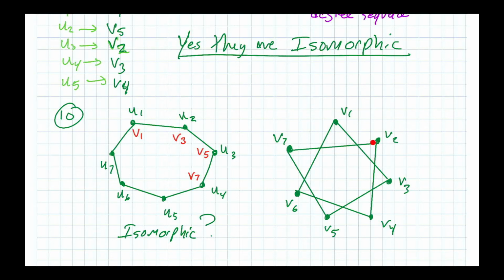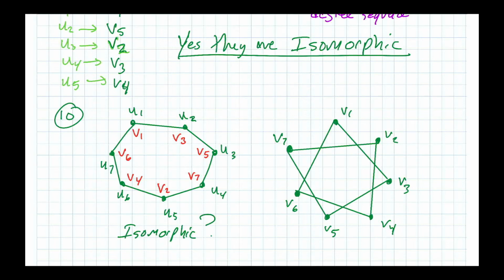V7 goes to V2, so this must be V2. V2 goes to V4, so this must be V4. V4 goes to V6, so this must be V6. V6 goes back to V1, and here, that's correct. Goes back to V1, which is U1.